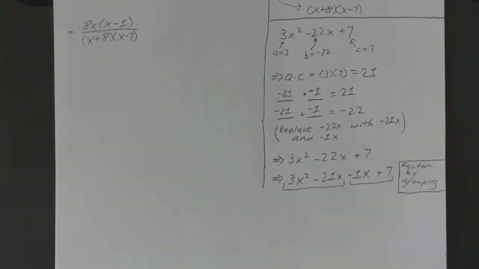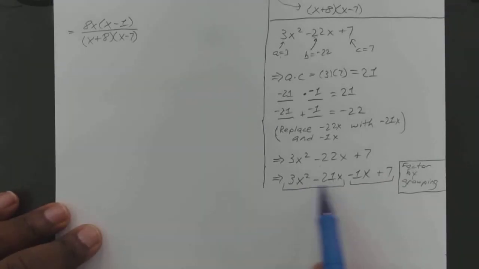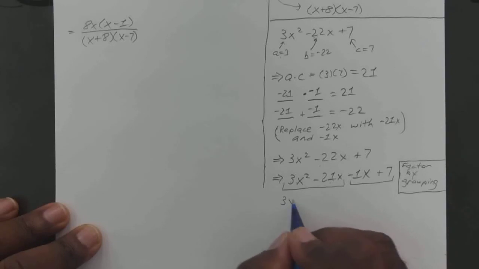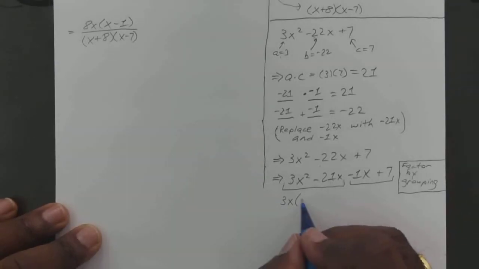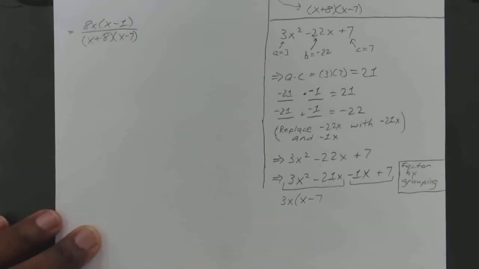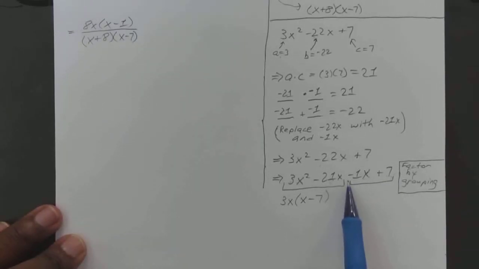Okay, so when you factor by grouping, you just take that and make it two smaller terms. Okay, so for this term, your greatest common factor would be 3x. So if you factor out a 3x, you end up with x minus 7. And here you can actually factor out a negative 1.